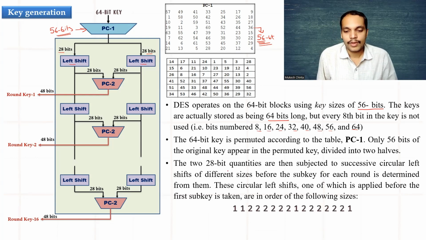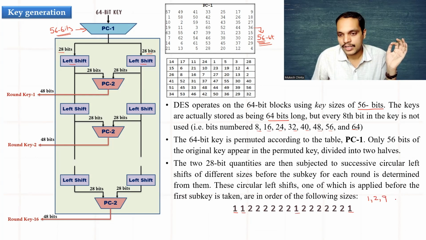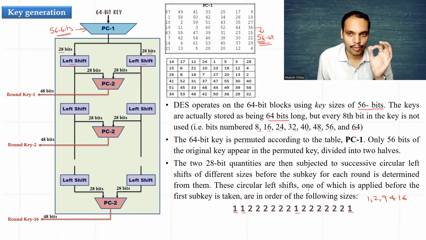For rounds 1, 2, 9, and 16, the left shift is done by only 1 bit. So this is left shift by 1 for each of these round numbers. For these rounds, the left shift is performed by 1 bit.